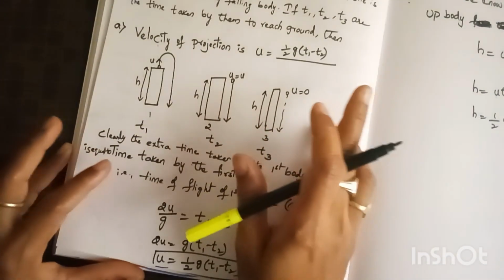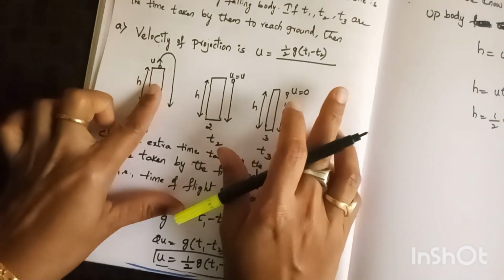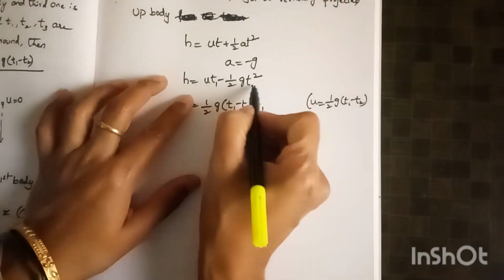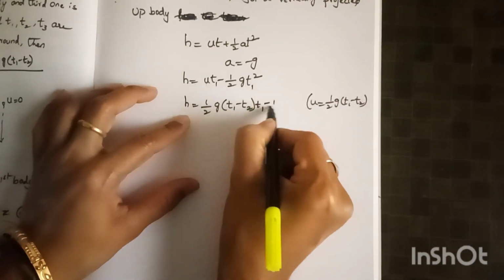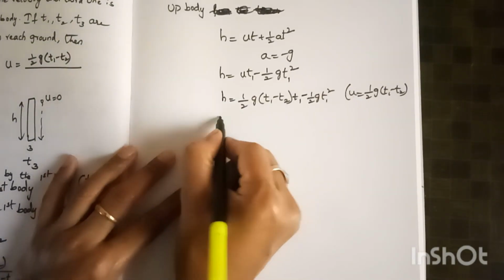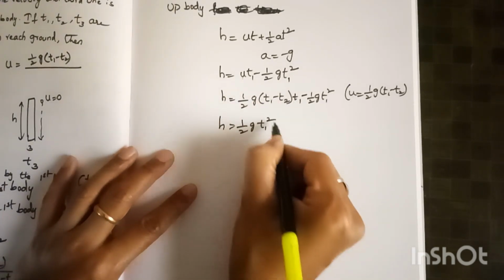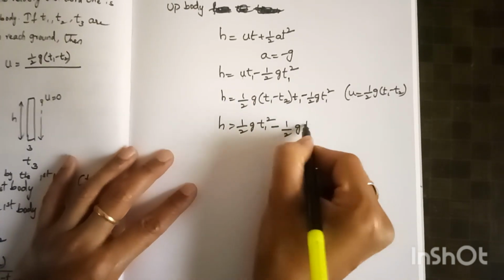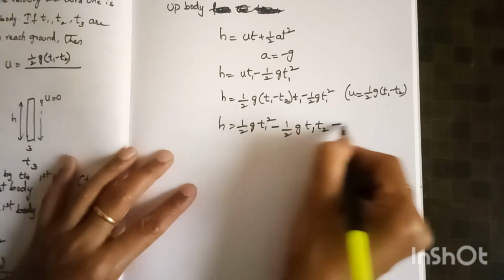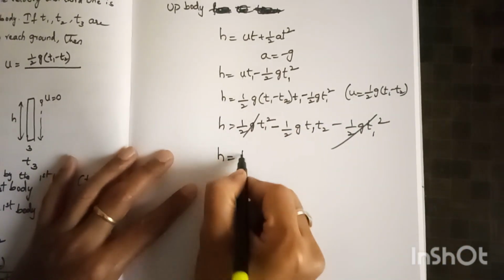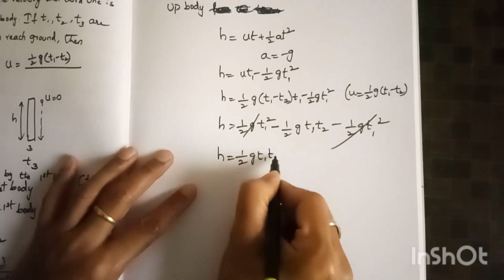Here only the vertically projected upward body will be the first body, that is time t1, minus half g t1 square. So multiplying this, half g t1 square minus half g t1 t2 minus half g t1 square. These two will be cancelled. h equals half g t1 t2.